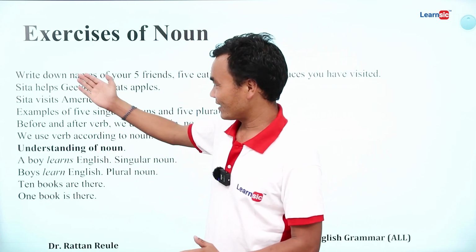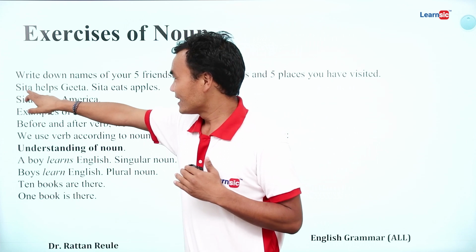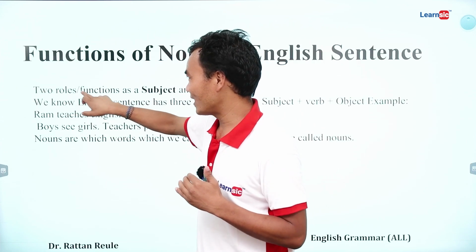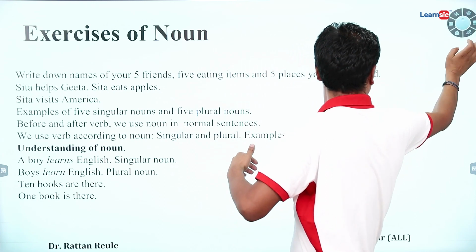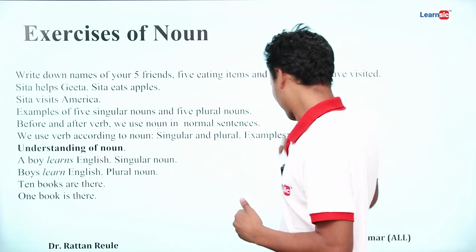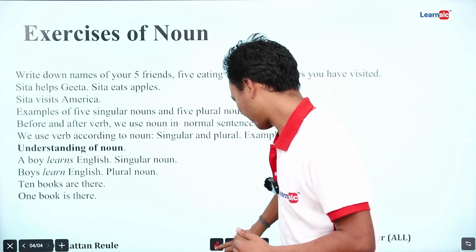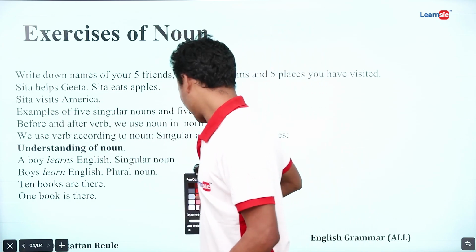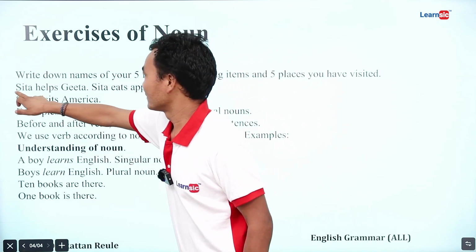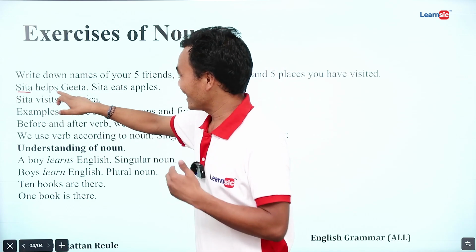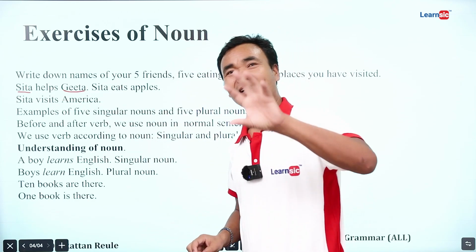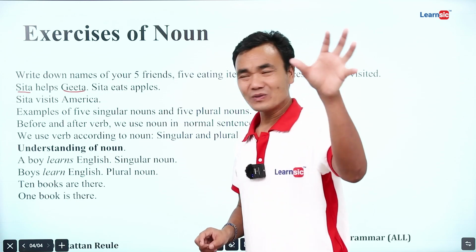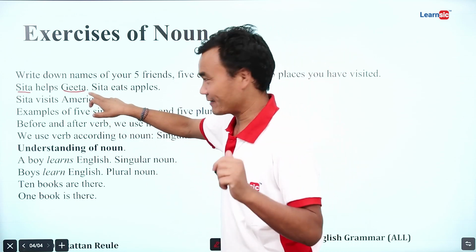Now look at these exercises. Again you can see that Sita helps Geeta, example. I'm going to underline all the names and nouns from this set of exercises.